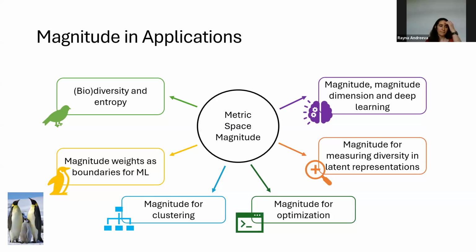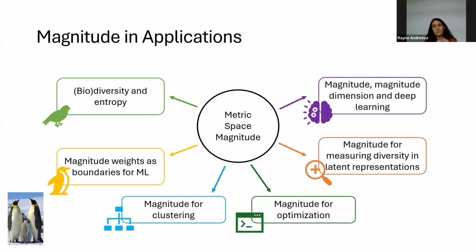After that, the first application of magnitude to machine learning was considering magnitude weights as boundaries for machine learning and detecting outliers. There has been also an application of magnitude for edge detection. There has been a more recent application of magnitude for clustering in the PhD thesis of Miguel O'Malley, and a number of more applications of magnitude for optimization.